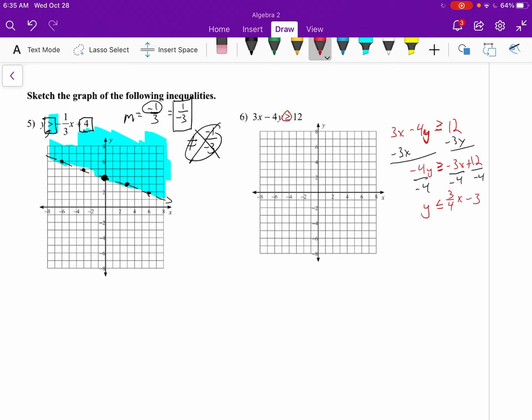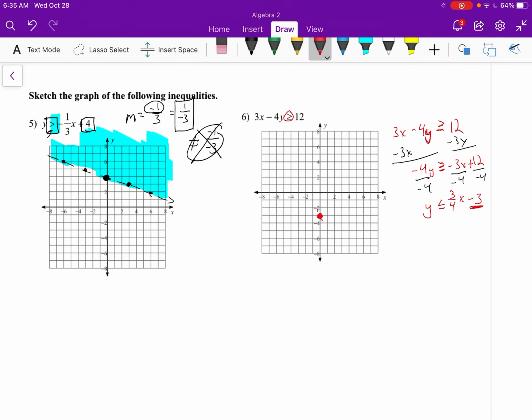And so our line goes through -3 on the y-axis and has a slope of 3/4, so we can go up 3 and right 4. We could do that again. We also could go down 3 and left 4.